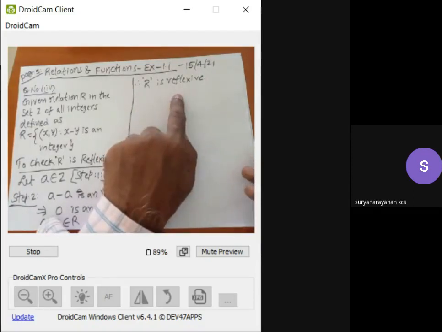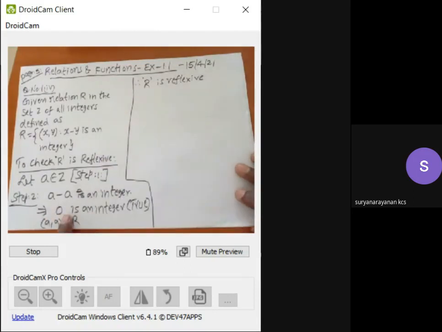I will repeat this reflexive relation to check whether R is reflexive or not. See the first step. In this case, the elements of the domain are not given directly. In that case, we have to choose an arbitrary element, an arbitrary number from the domain. Here the domain is Z, the set of integers.